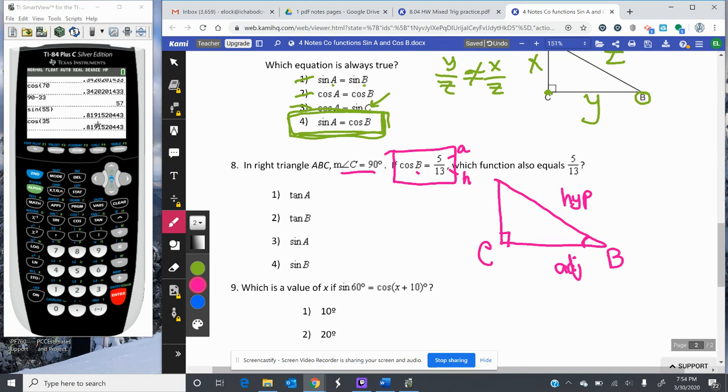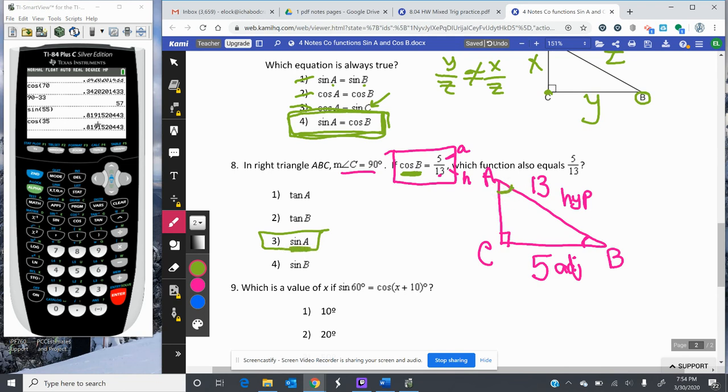Well, they're telling me the adjacent side measure is 5 and the hypotenuse measure in the denominator there is 13. So you could actually draw out a triangle here, but what other function is going to equal 5 compared to 13? And that's going to be sine from angle A. So again, cos B and sine A are equal.